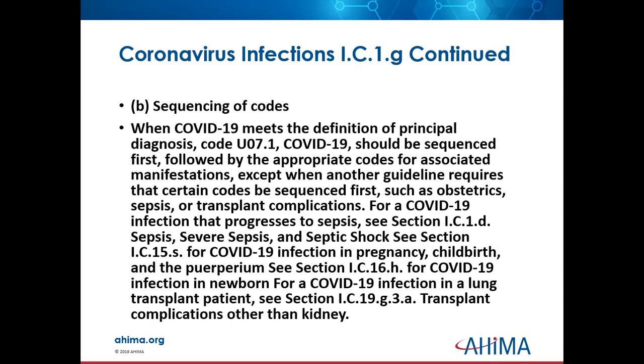For COVID-19 infection that progresses to sepsis, the sepsis guidelines that we saw in 1.C.1.D would apply in regards to sepsis, severe sepsis, and septic shock. Then finally, with the OB, we would follow those guidelines as mentioned in 1.C.16.H, and likewise for the newborns. And with transplants, there's specific guidelines.